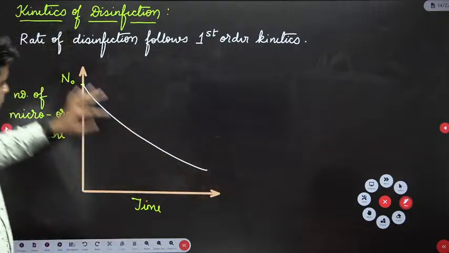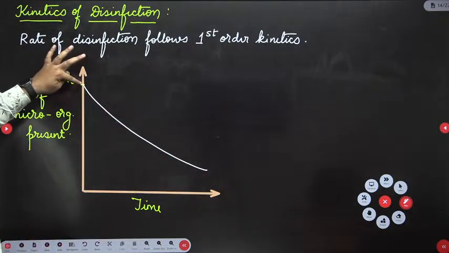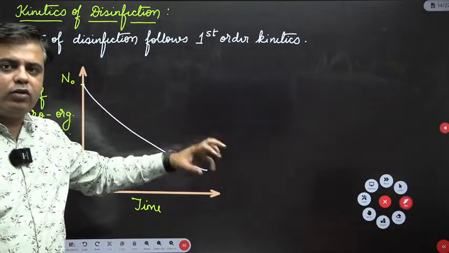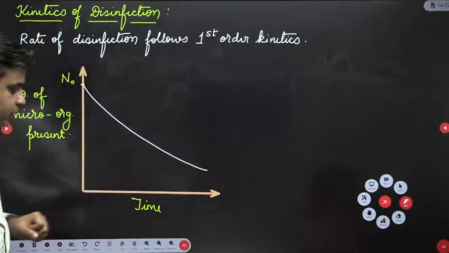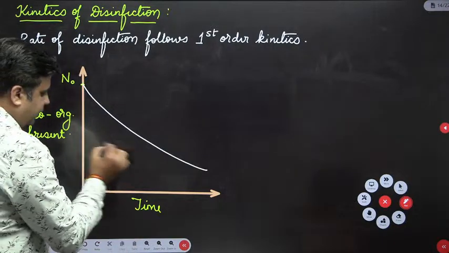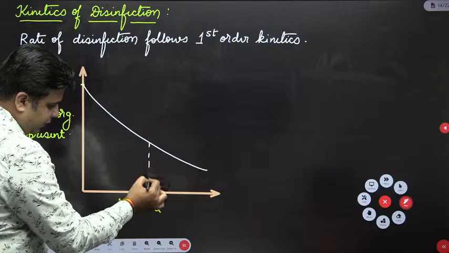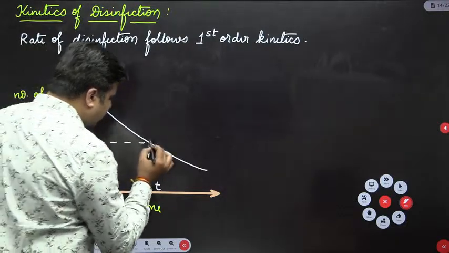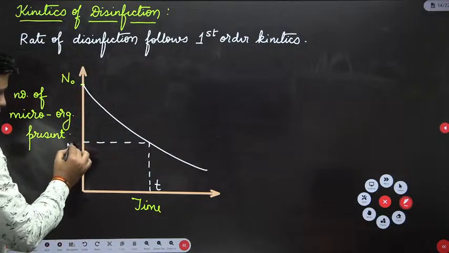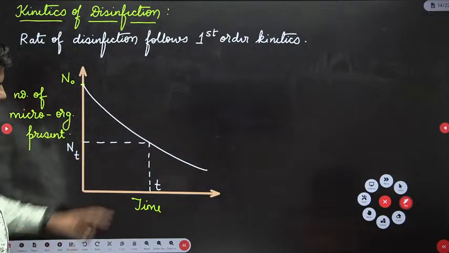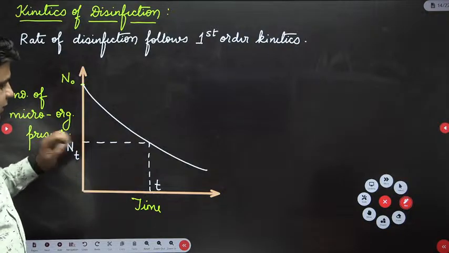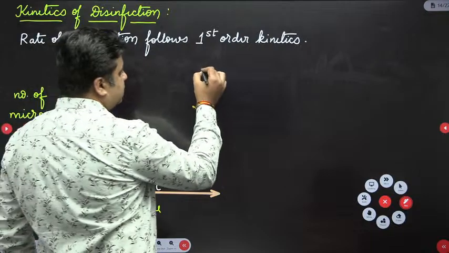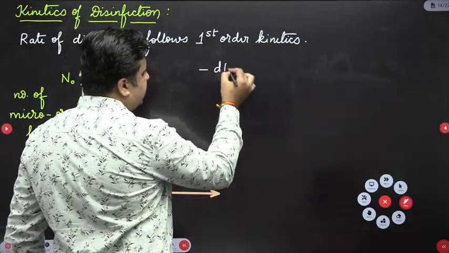So at any time t, if the number of microorganisms present in the system is Nt, then the rate of change of microorganisms, that is minus dNt by dt.